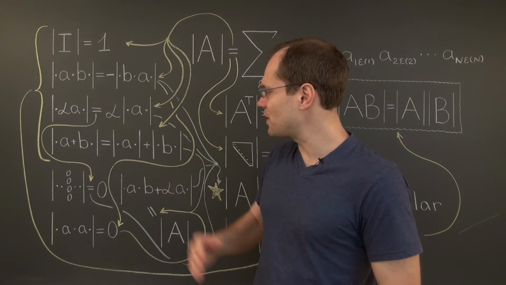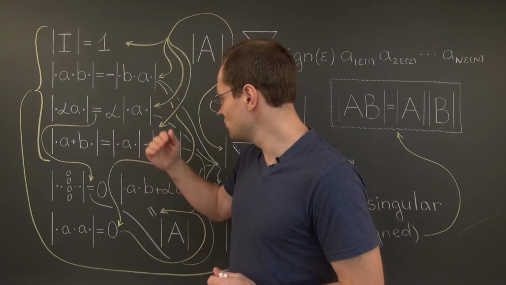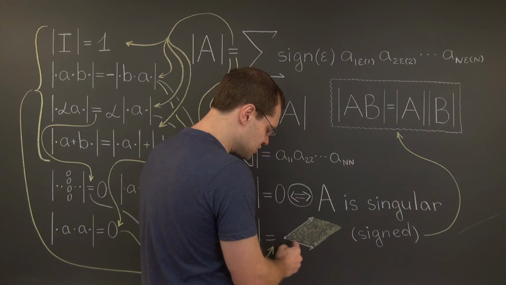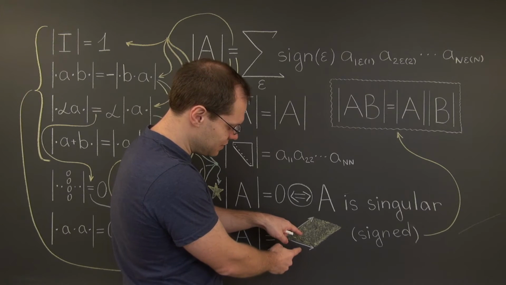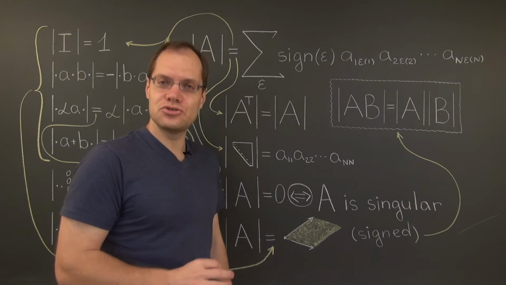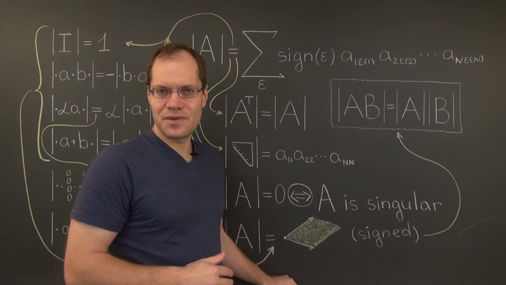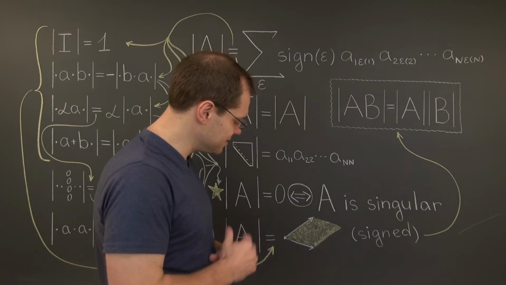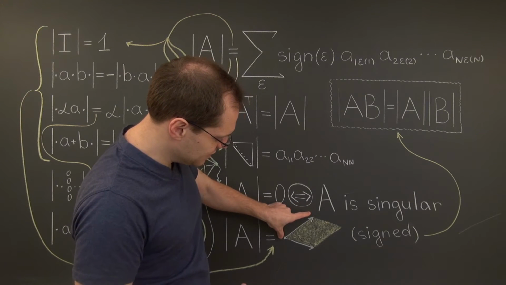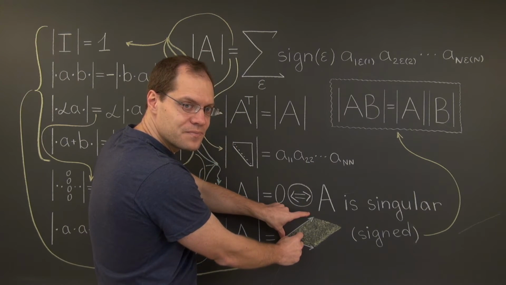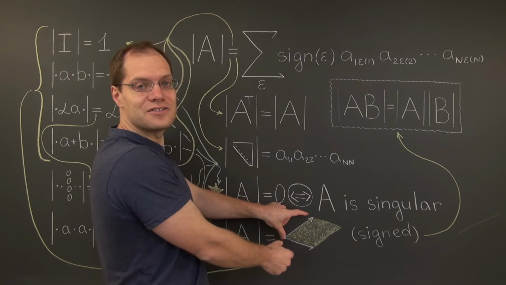And finally, the last property, which will actually require a little bit of work. To prove the last property, we have to imagine that one of these vectors is a sum of another 2 vectors. And what we need to show is that the area of this parallelogram equals the sum of the areas of 2 parallelograms, where the first one is built on this vector and one of the other 2, and the second one is built on this vector and the other one of the other 2 vectors.